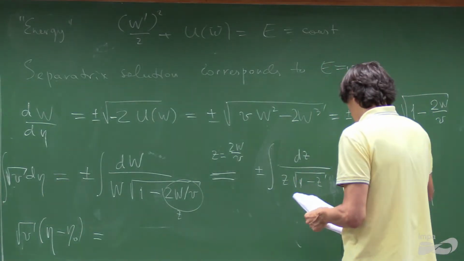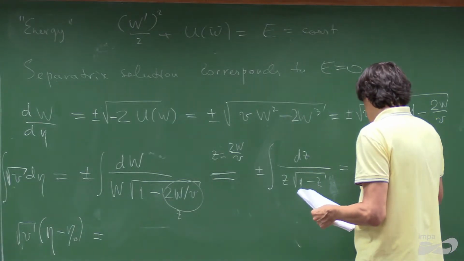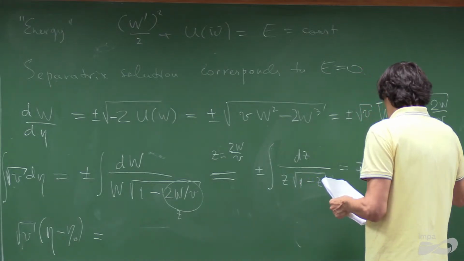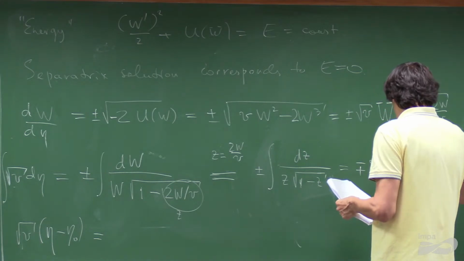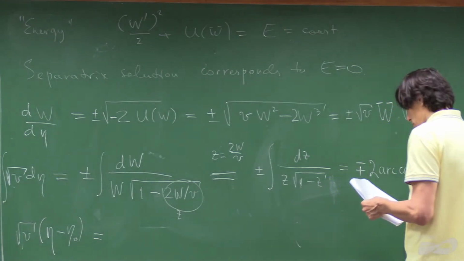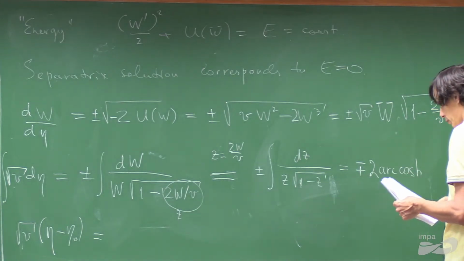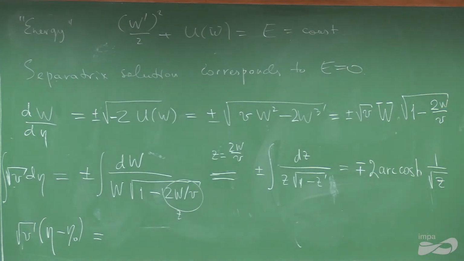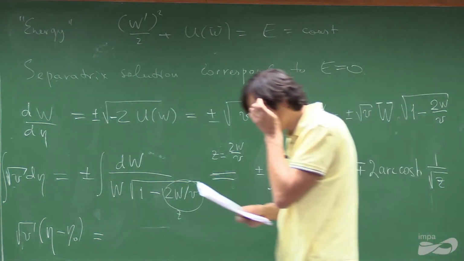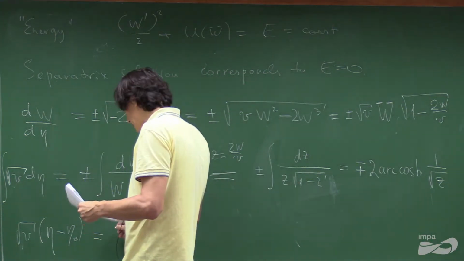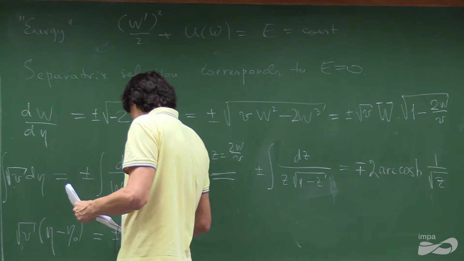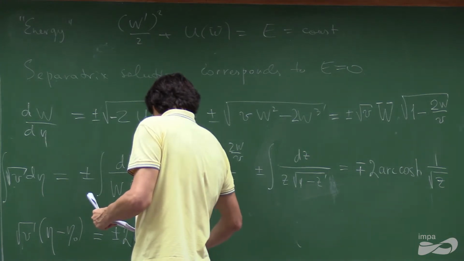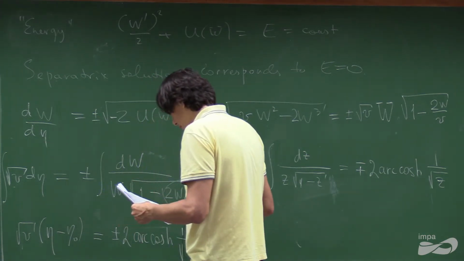And if you look at the tables, or you just know how to do this, you will see that this is 2 arc cosine hyperbolic, or arc hyperbolic cosine, of 1 over the square root of z. Well, that's the last step. You should know how to do it. So this is plus minus 2 arc cosine hyperbolic of 1 over the square root of z.